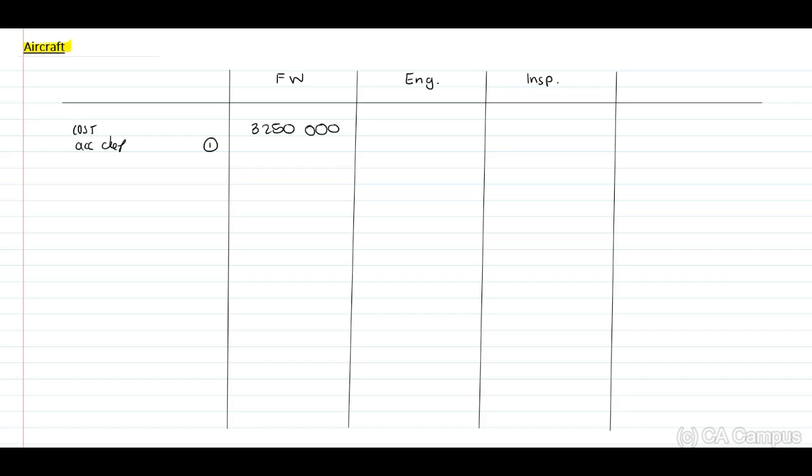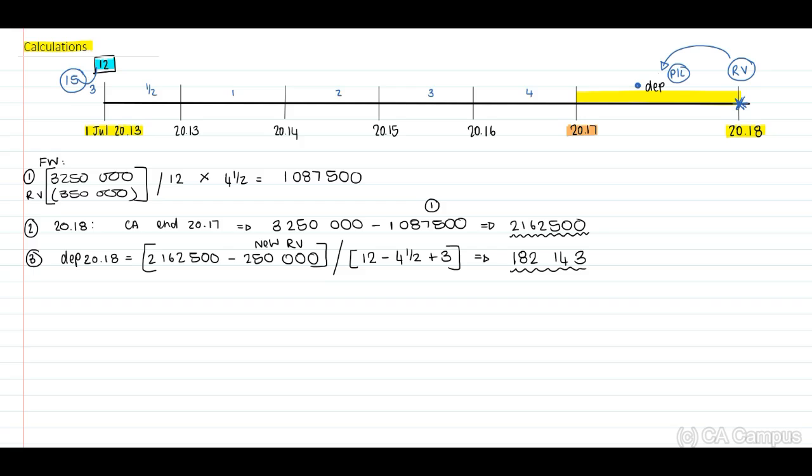Okay. And my accumulated depreciation, the 1,087,500. Guys, when you look at our calculations, identify I've transferred the accumulated depreciation, my carrying amount 2,162,500, and I need to transfer my depreciation.